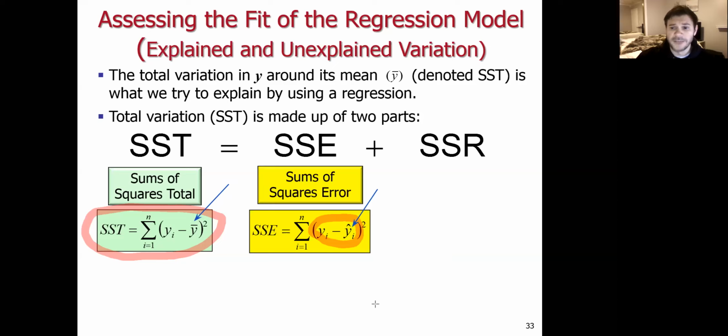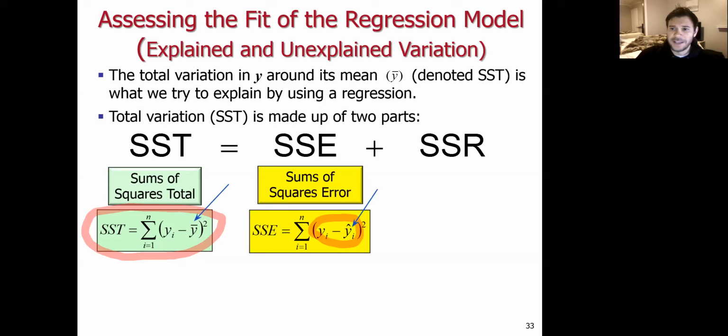And the predicted value is a type of mean called the conditional mean, like conditional probability. It's the mean conditioning on the particular x values. Y bar is the unconditional mean, regardless of the x values, just the average of y in the data.